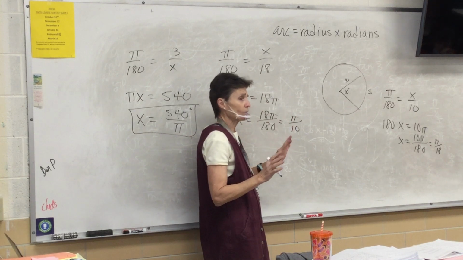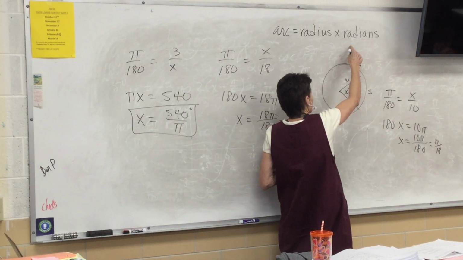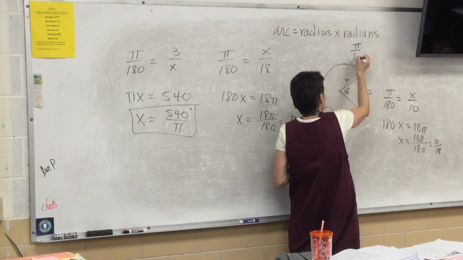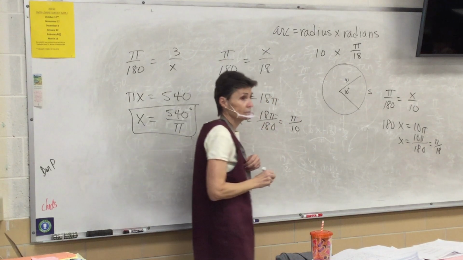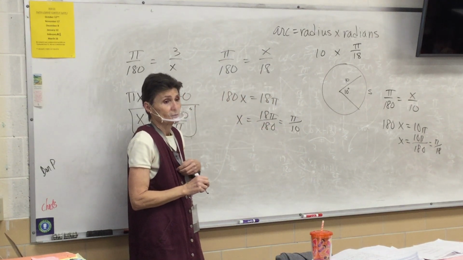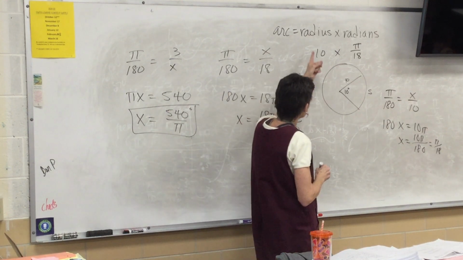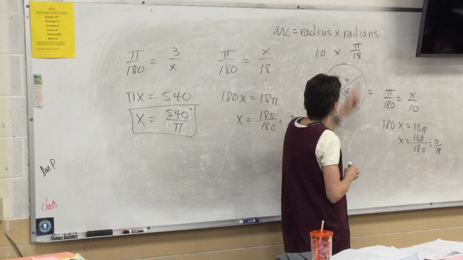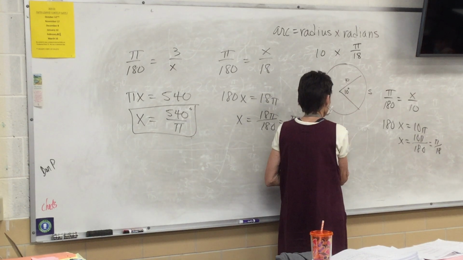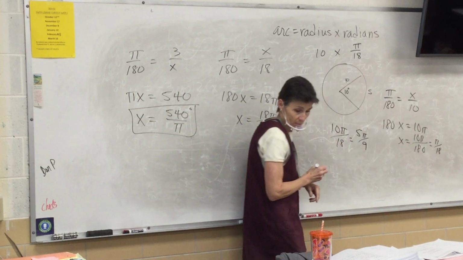Now that's not the arc length. What's pi over 18? The radian measure of the angle. So then the arc is going to be radius times radians. So 10 pi over 18, which is 5 pi over 9.